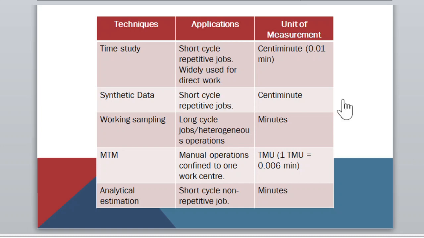If we take 1 minute, the TMU is 1,667. If 1 second, it is 27.8 TMU. So that is the conversion.